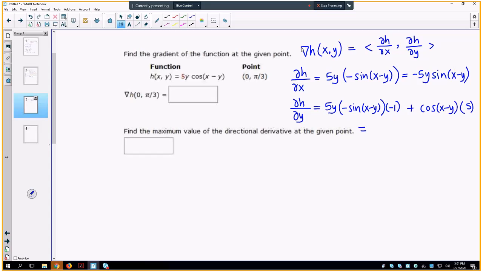So that's 5y sine of x minus y plus 5 cosine of x minus y.